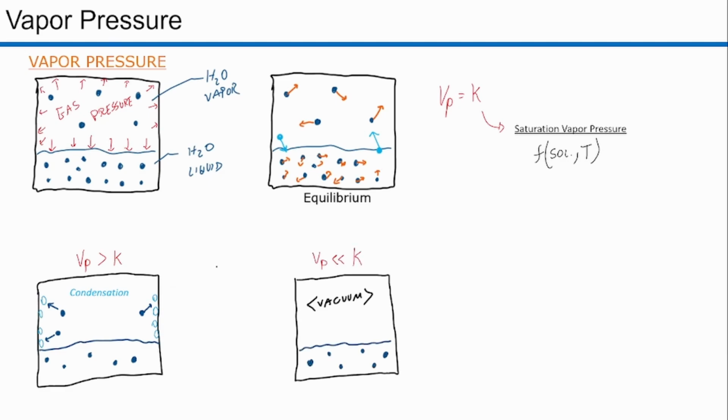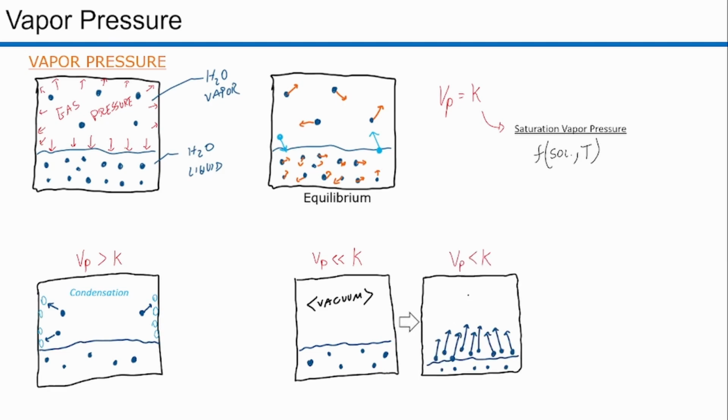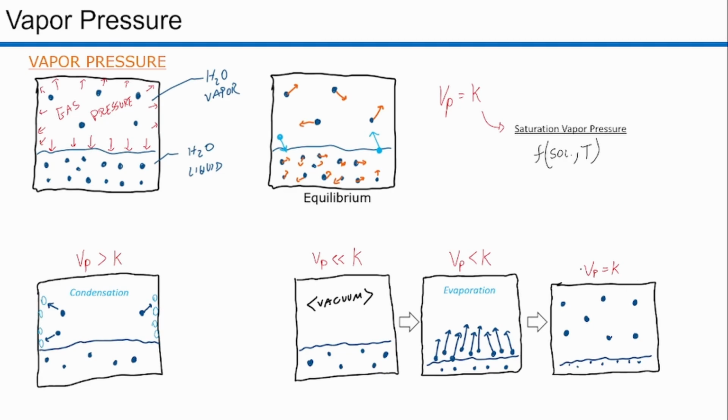Conversely, if your actual vapor pressure is lower than the saturation, like in this extreme example of a vacuum, the molecules will rush to fill this energy gap through evaporation. So they will do it until the equilibrium is restored. And again, we come back to here.